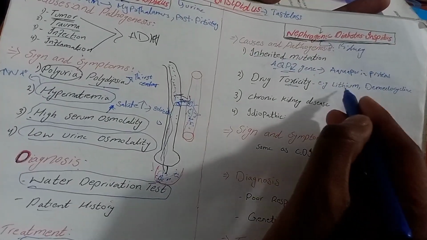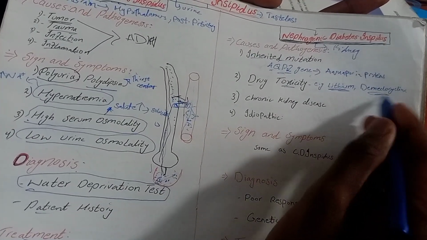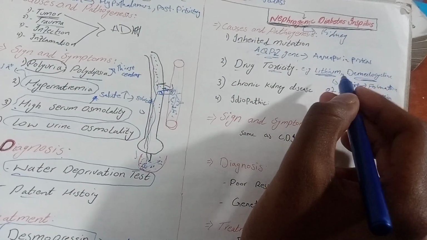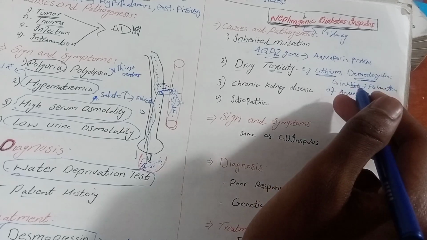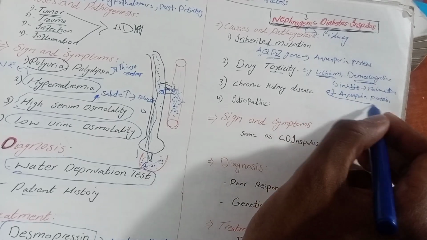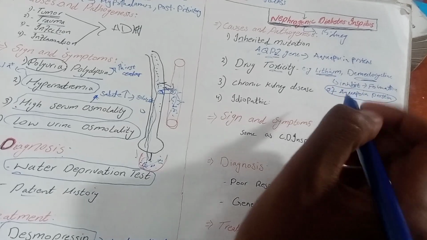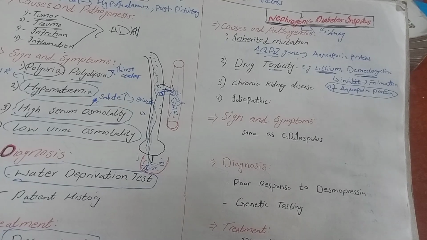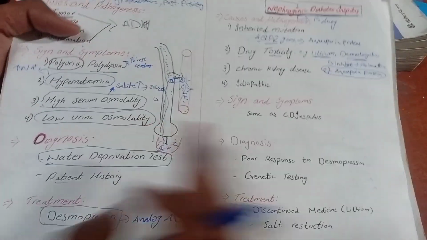The two most common drugs which I'll see here are lithium and demeclocycline. These two drugs are very toxic for antidiuretic hormone receptors, and they may inhibit the formation of aquaporin proteins. And if these drugs are taken for a longer time, then what happens?